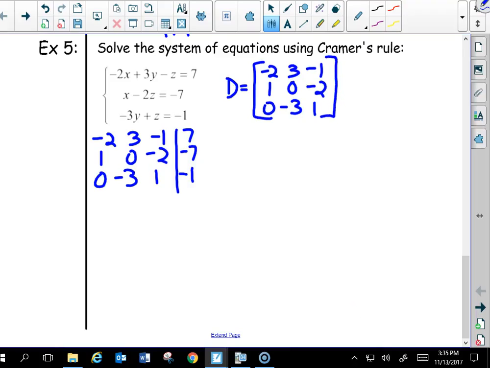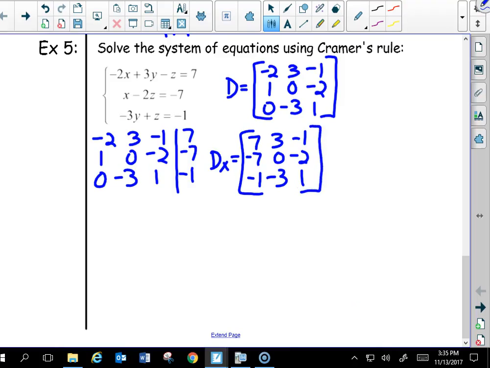Okay, and I'm going to take some room here. So D sub X is going to be, we're going to replace the X column with the answer column. Please do not ask me how this works. I have no idea. Okay, we're going to replace the Y column, the middle column, with the answer column.